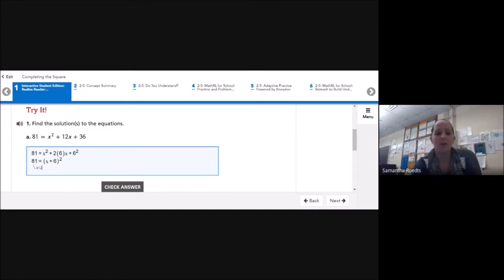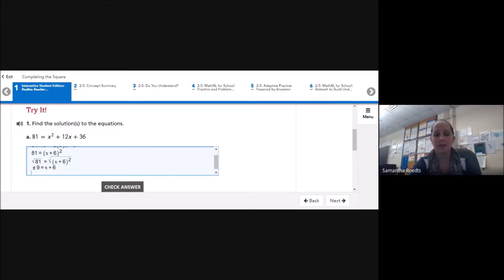I'm going to take the square root of 81 and the square root of x plus 6 squared. That gives me 9, so plus or minus 9 equals the absolute value of x plus 6.